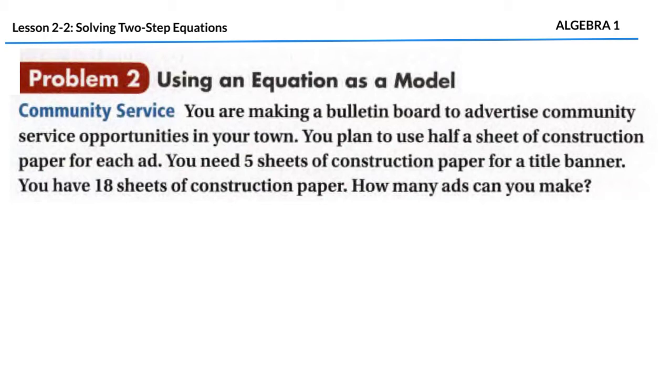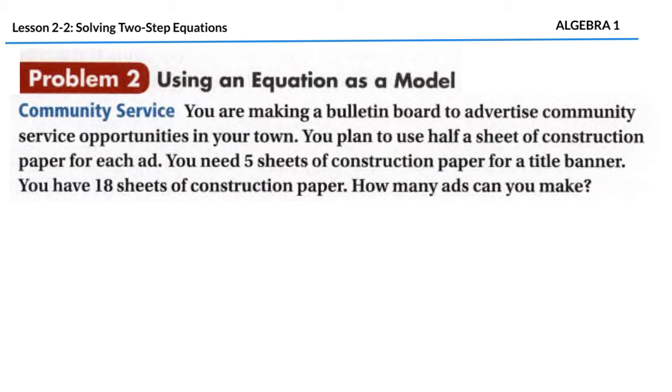First and foremost, let us model this big paragraph in the form of an equation. So in order to do that, let us have the facts in place. Each ad takes how much paper? Half a sheet of paper.